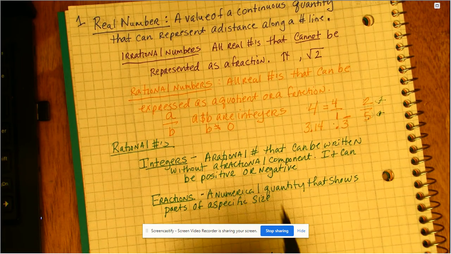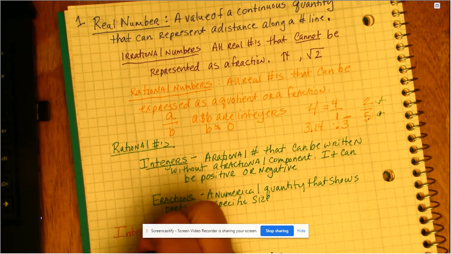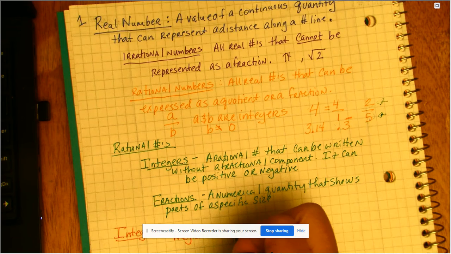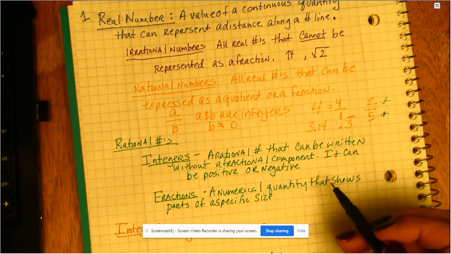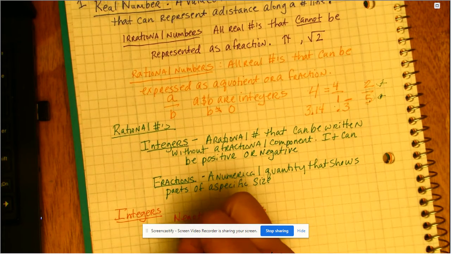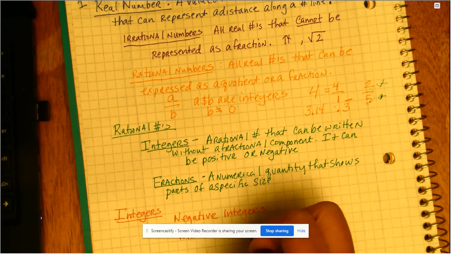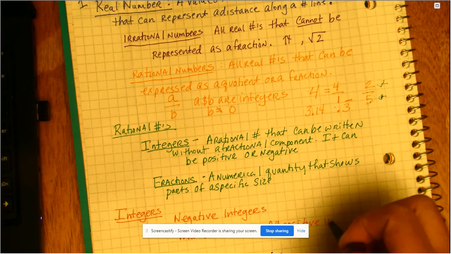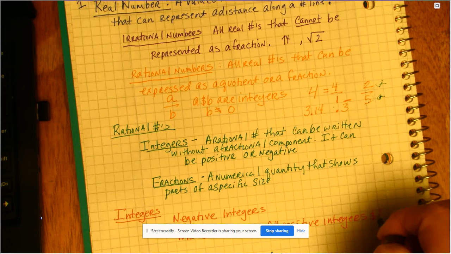Next, we break down integers. And integers break down into negative integers, which has the same definition as integers up here, except it only means the negative ones, and whole numbers. So whole numbers are all positive integers and the number 0.